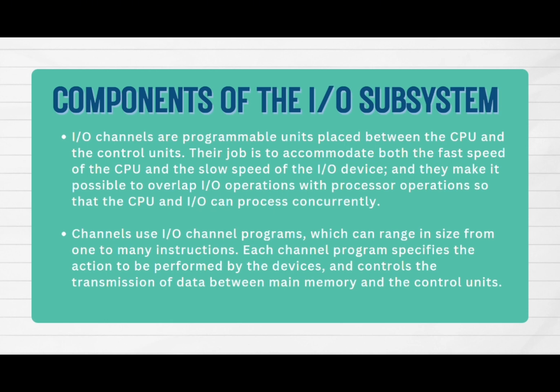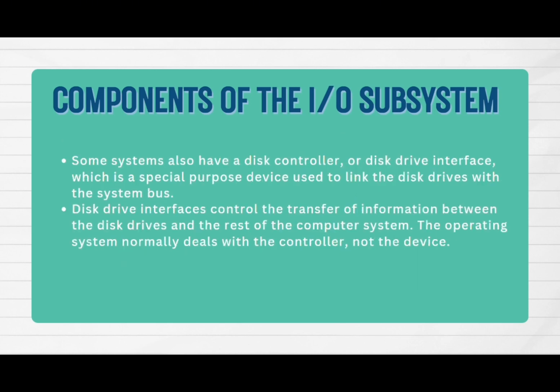Channels use input-output channel programs, which can range in size from one to many instructions. Each channel program specifies the action to be performed by the device and controls the transmission of data between main memory and the control unit.